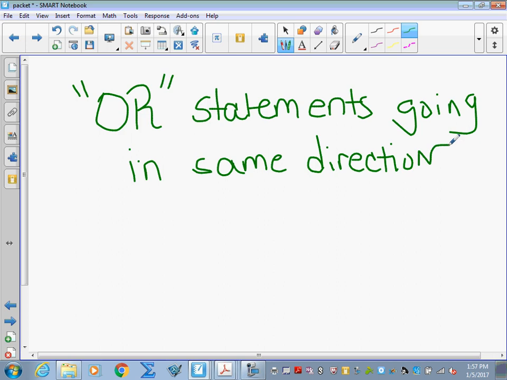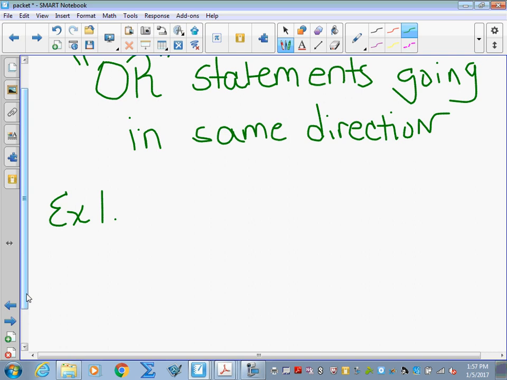So what happens if you do a problem and they're not going in opposite directions? What I'm going to do is just give you what the final answer would look like. So let's say you worked out a problem and you ended up with a is greater than 2 or a is greater than 4.